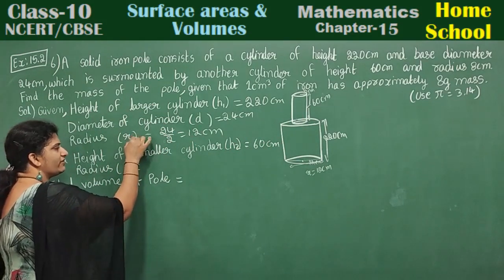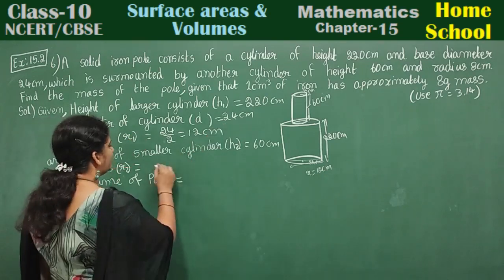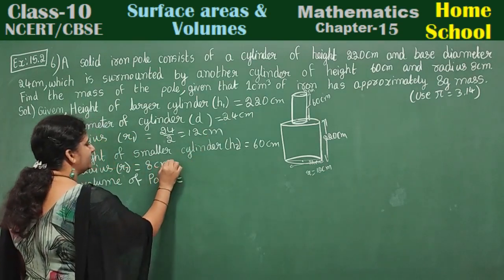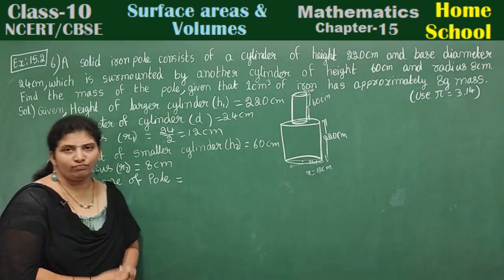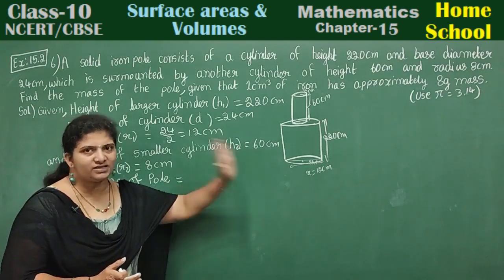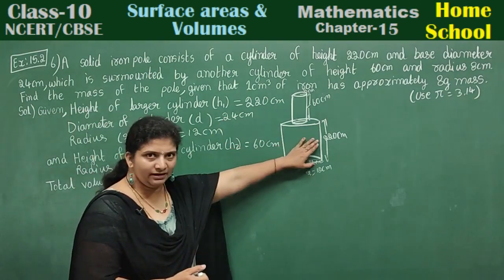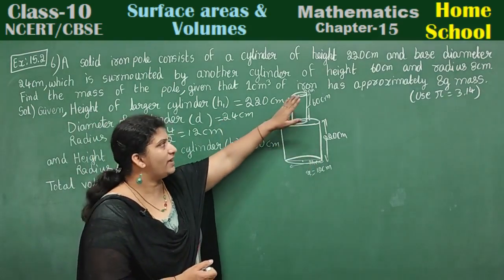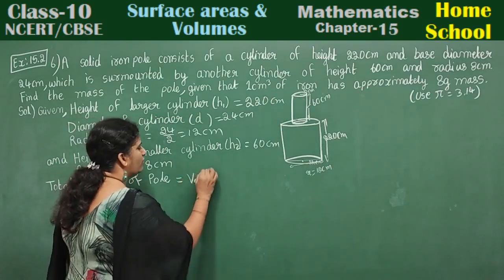So, we differentiate with R1, R2. Radius of smaller cylinder is equal to 8 centimeters. Total volume of pole. Now, we are going to frame the formula for this pole. How can we frame? Volume of this cylinder, larger cylinder, plus volume of smaller cylinder. Let's write here.